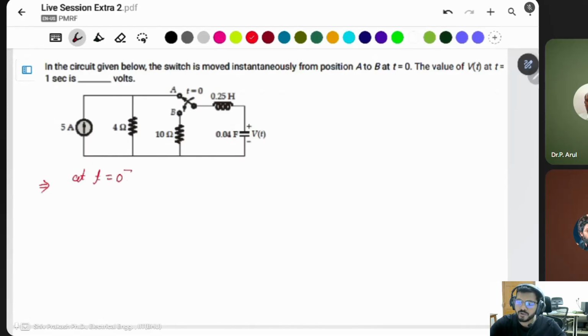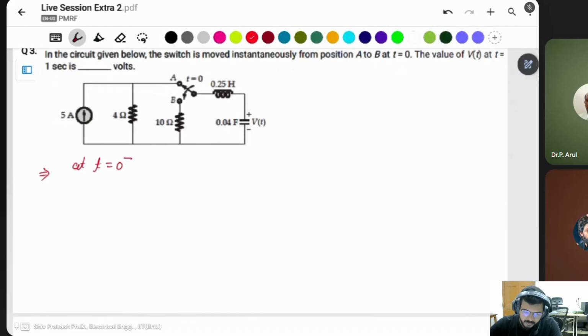At t equal to 0 minus, this is what is happening. Again, a second order system. At 0 minus the switch is at position A.